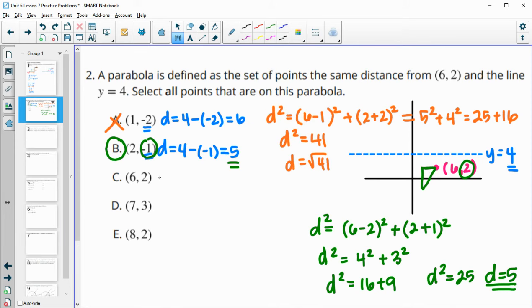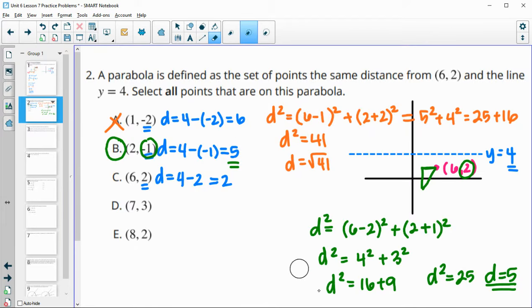So we'll repeat again. So find the distance to the directrix. Remember, that's subtracting the y's. So the directrix y is 4 minus the point's y, which is 2. So the distance from the point to the directrix is 2. Then we'll do the Pythagorean theorem here.